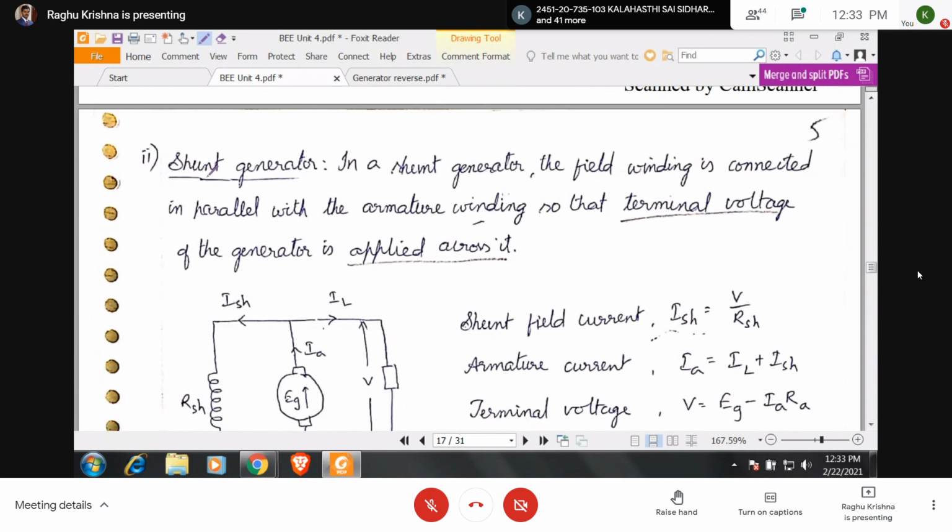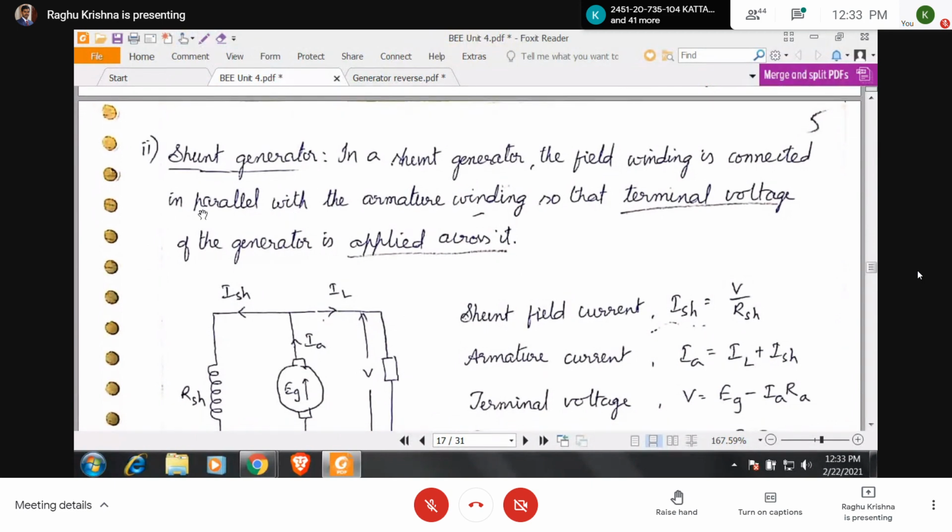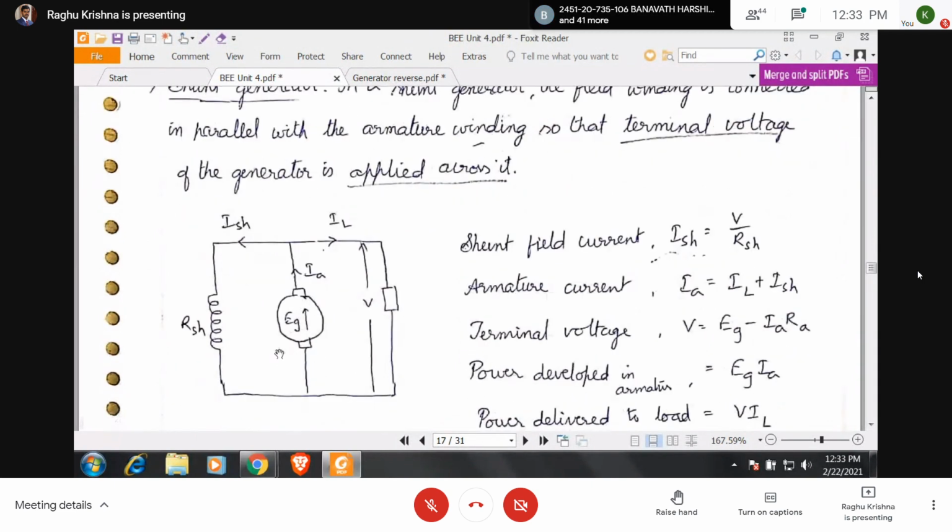Coming to shunt generator. So second one is the shunt generator. Here in a shunt generator, the field winding is connected in parallel with the armature, and the resistance of the shunt field winding is RSH.